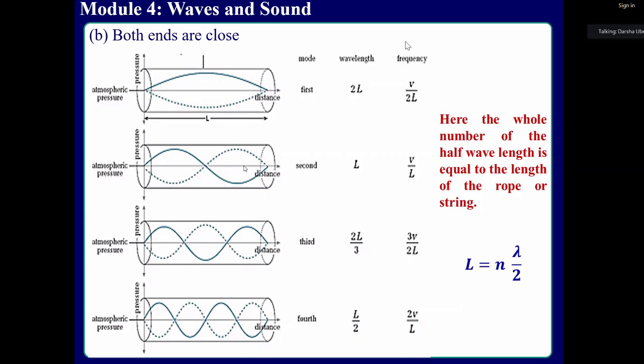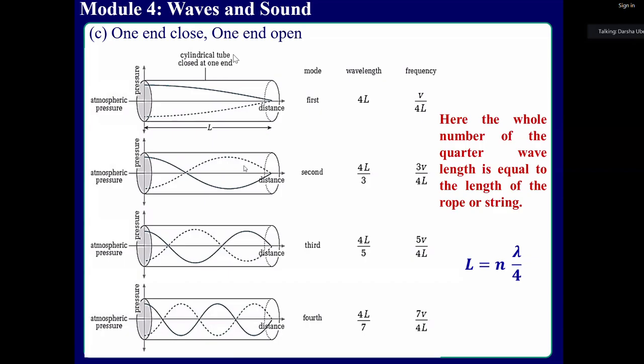So here, the next case is one end closed and the other end open. So the closed end should have a node, and the open end should have an antinode, right?